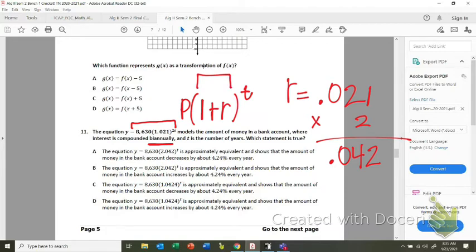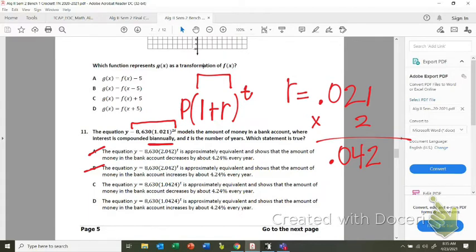But really, we're only supposed to multiply the interest rate, which is 0.02. So which ones are not my answers? A and B for sure, because they say 2.024. And we only changed just the rate.